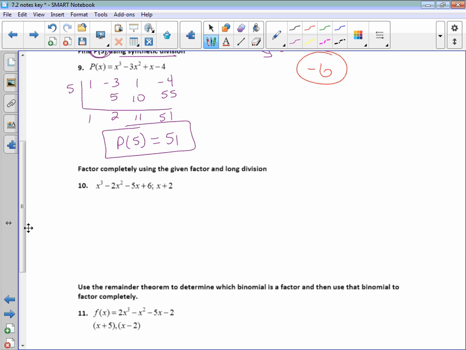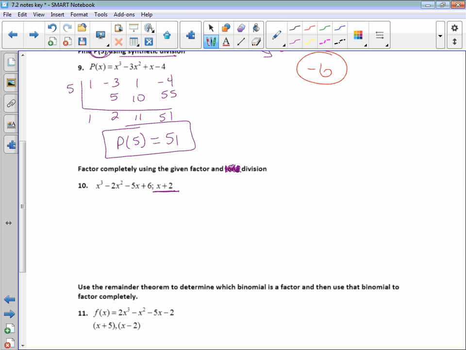All right, next section it says factor completely using the given factor in long division. Look at what I'm dividing by. Do you think I have to do long division on that? No, so I'm going to cross that out. We'll just say synthetic division. I'm telling you that's a factor. So what are you expecting to get as your remainder? 0.